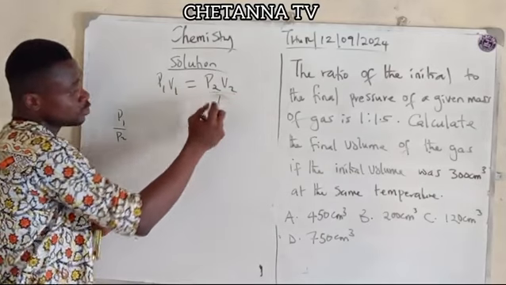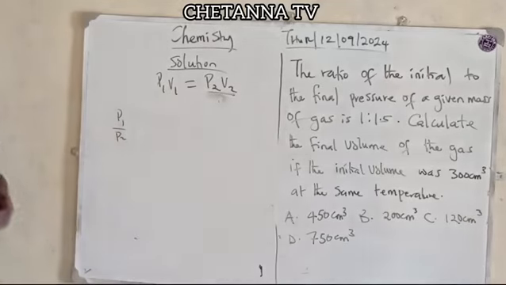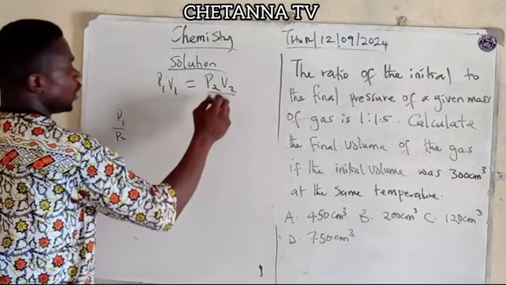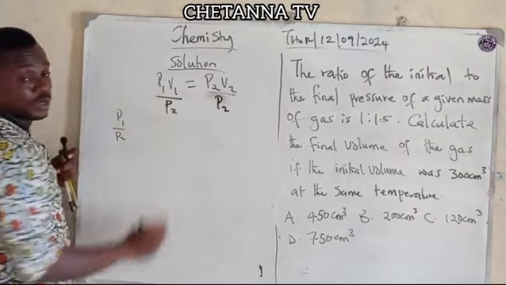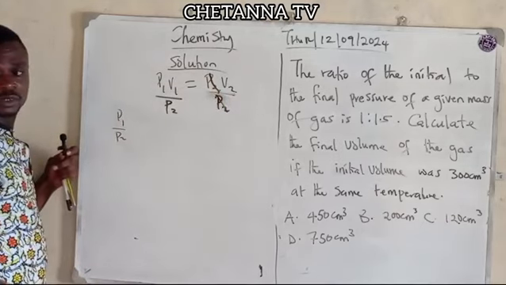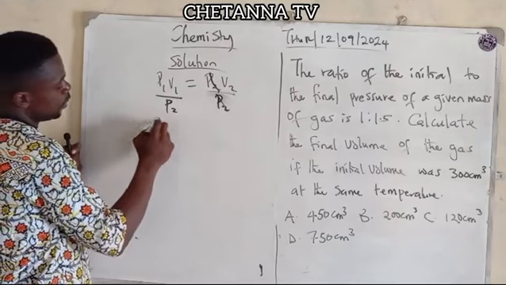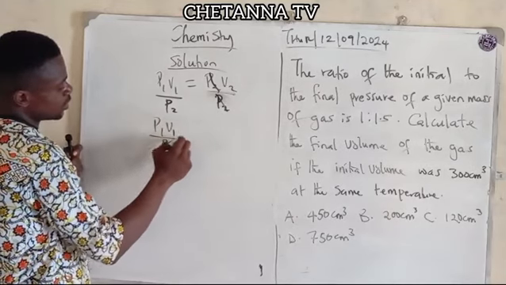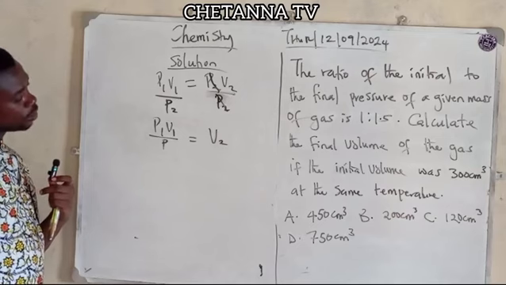Here by P2, P2 will cancel P2. Is it clear? So we'll be left with P1 V1 over P2 is equal to what? V2. Are you following?